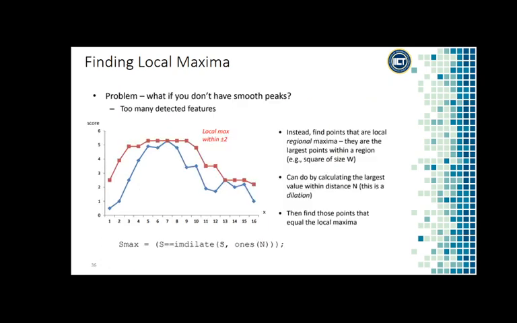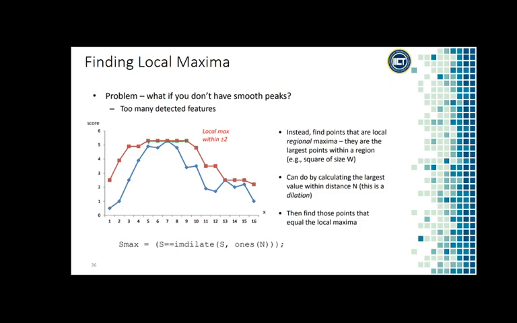Now the problem with this is that if you have smooth peaks, then you have too many vector features. So instead, if we find the local maximum within the range of 2 and 2, like this should be greater than this and this should be greater than this, that's where we can get unique responses.